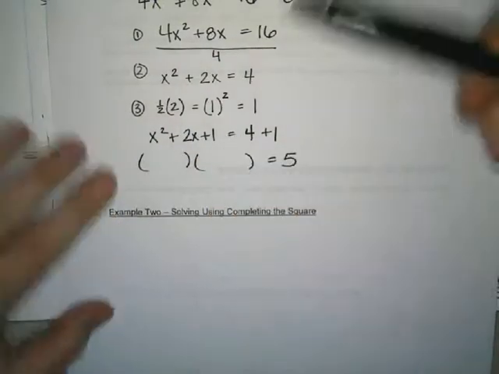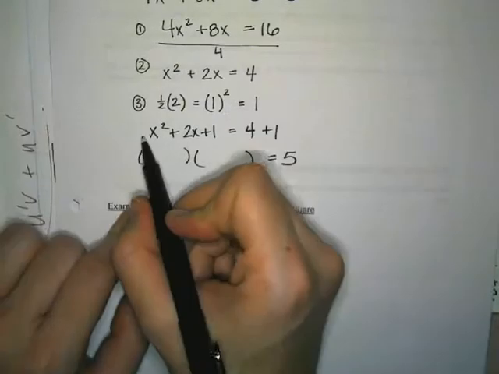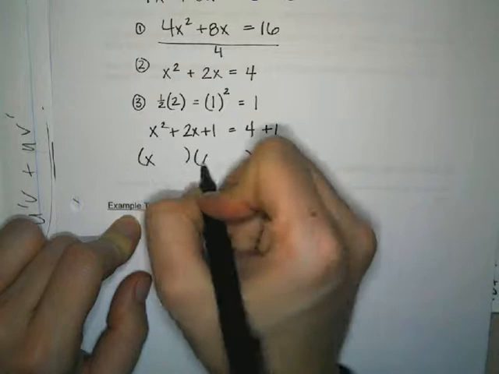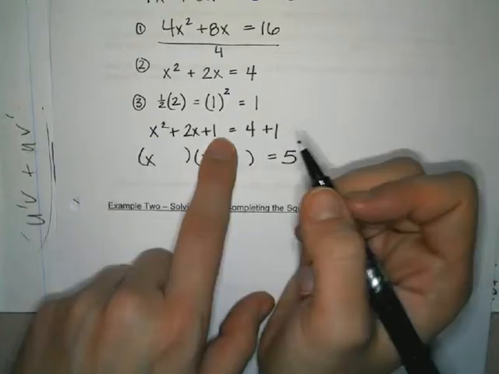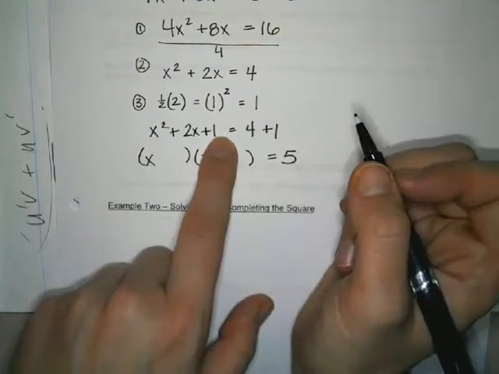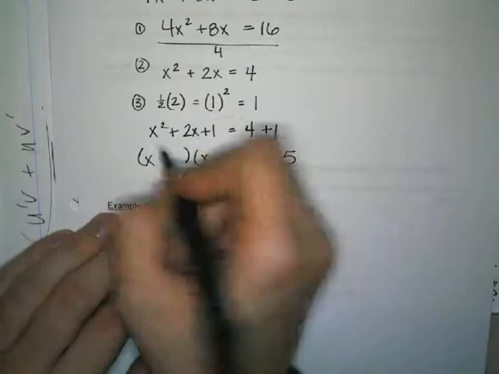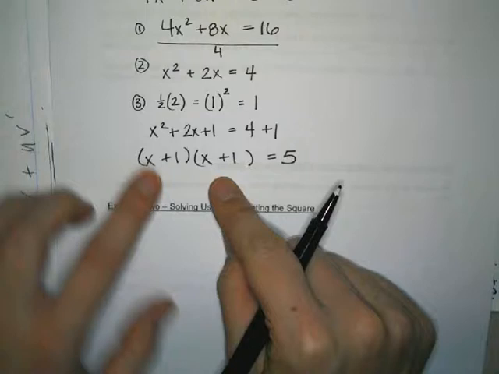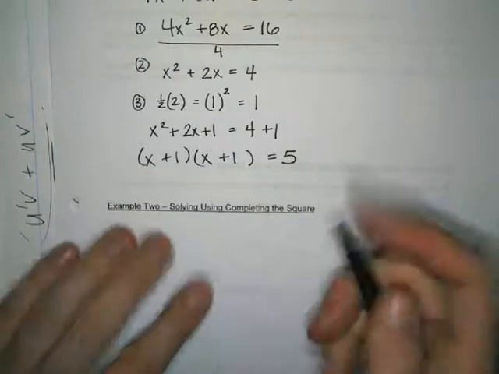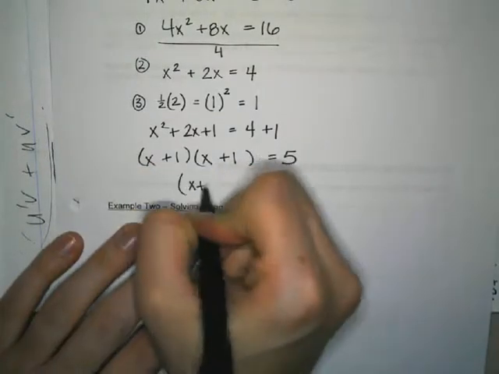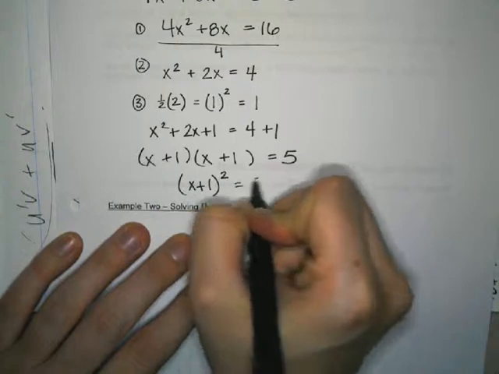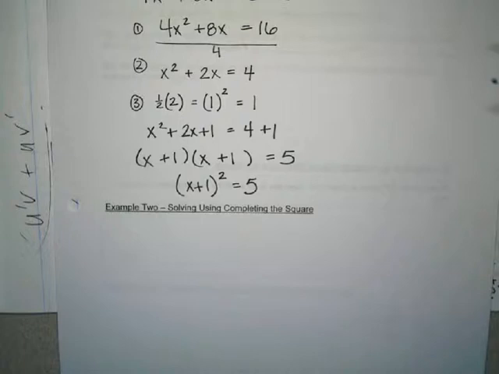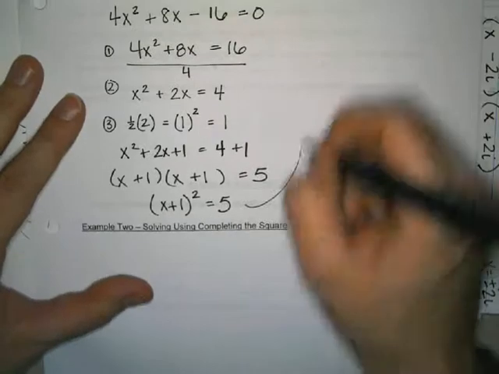Now when we factor the left side, since there's no a term, this is like the shortcut method. X times x would give me x squared, and then the two numbers that multiply to get 1 and add to get 2 would be 1 and 1. These parentheses with this method will always end up being the same thing, which is helpful because then we can write it as a squared binomial, because there's two of them. And then we've been working on solving equations that look like this.